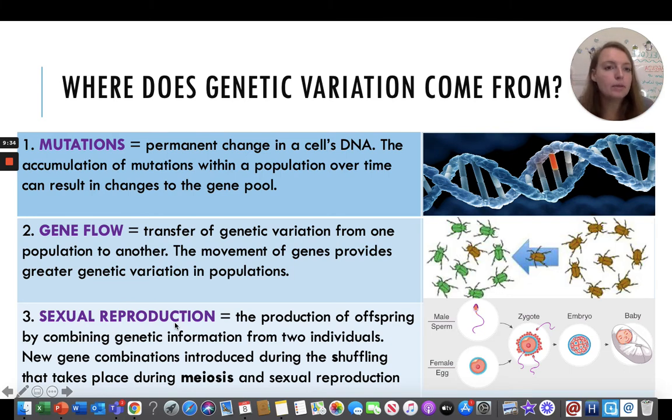And this happens during meiosis, which we just did, in sexual reproduction. That independent assortment is also a factor here, that those genes are going to shuffle in different ways. And this is why you might not have the same eye color as a sibling, or you don't look exactly like your sibling or a cousin, because those genes are getting shuffled around.